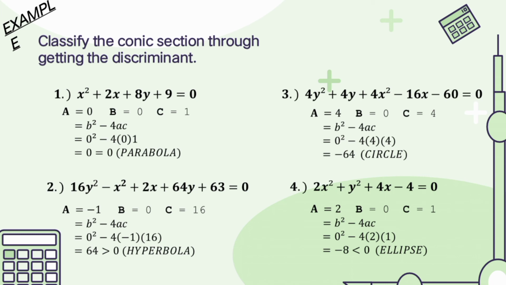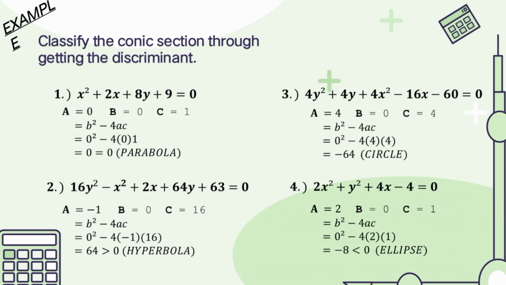In number 4, 2x squared plus y squared plus 4x minus 4 is equal to 0. Same as what we do in 1, 2, 3, we use the formula B squared minus 4AC, getting the values of A, B, and C. Since there's no B, 0 squared minus 4, where A is equal to 2 and C is equal to 1.